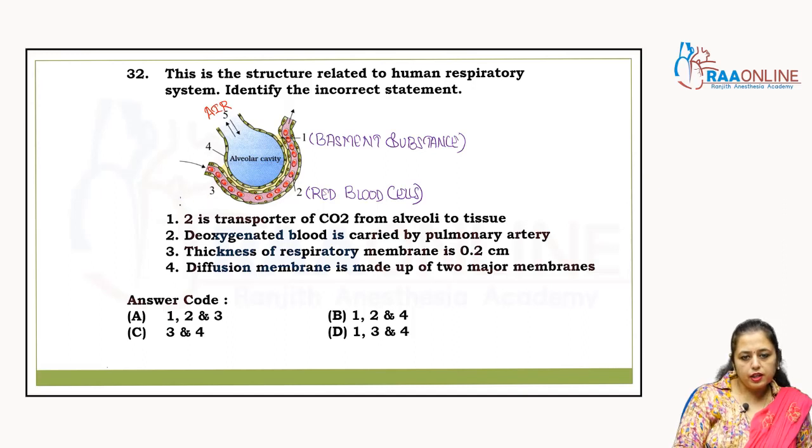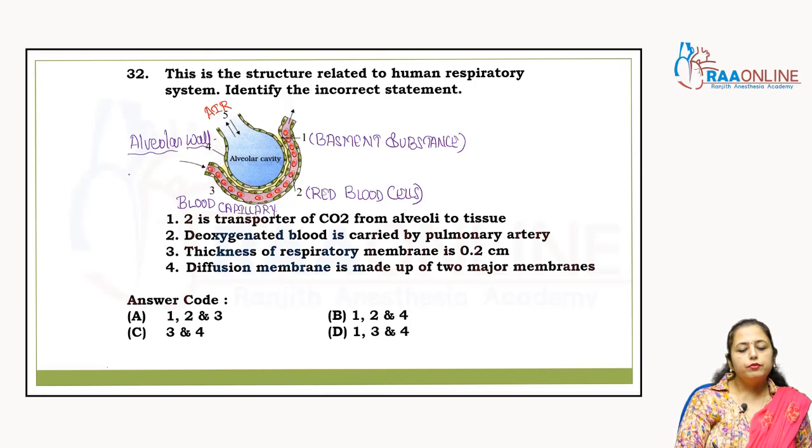This 3 is the blood capillaries. Alveolar wall, right? That fourth one is the alveolar wall, which is one celled thick, right?